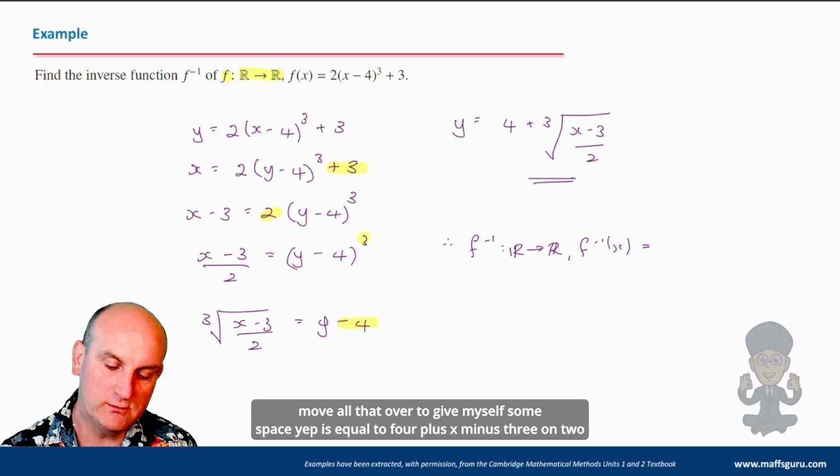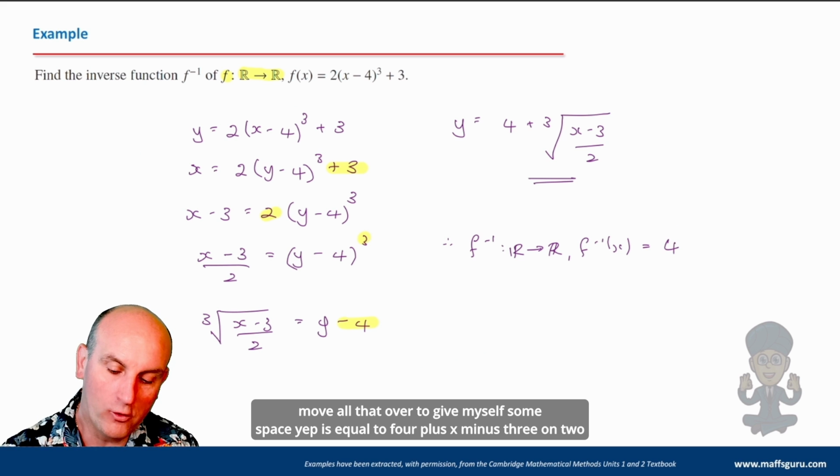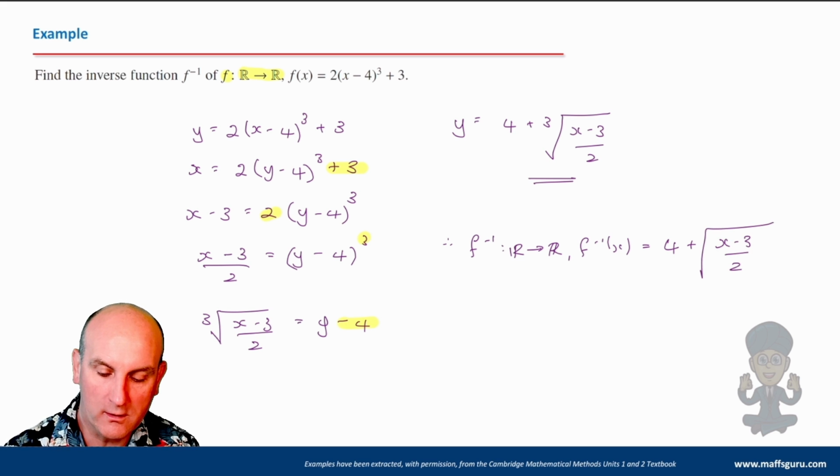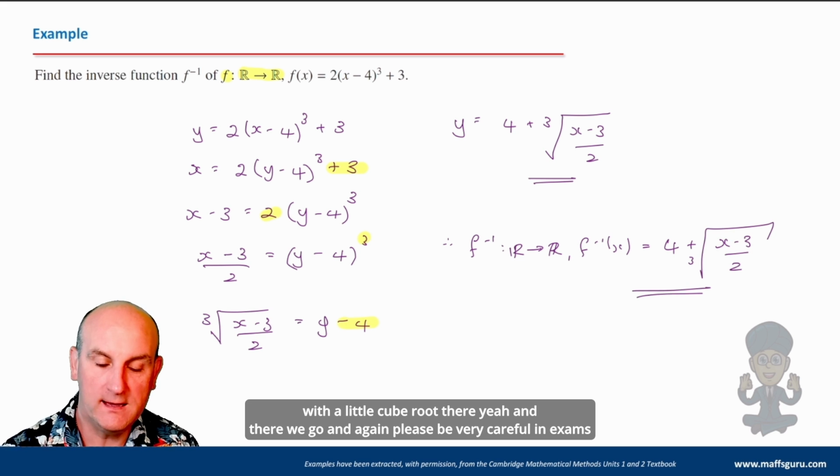Is equal to 4 plus the cube root of (x minus 3) on 2. And there we go.